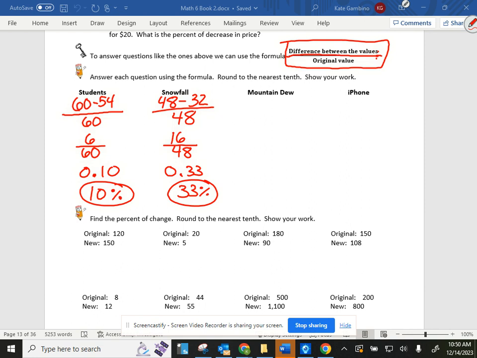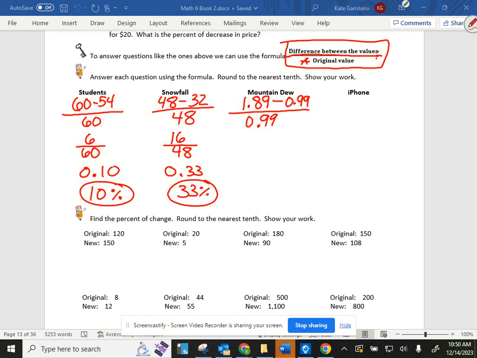Remember, when we find the difference, we don't want to go into negative numbers. So we're going to put our big number first, which was $1.89, and we subtract out the smaller number. But on the bottom, we always put the original number. So what was our first number, Madison? 99 cents, 0.99.